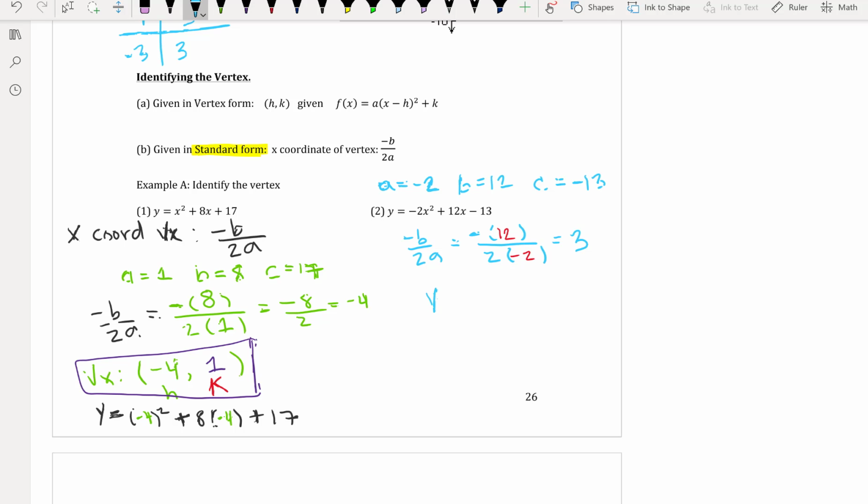So my vertex, I do apologize, my pen is running out. I have 3 so far. That's the only thing I have figured out, is what that h value is going to be. So I'm going to plug that into my equation. So y is equal to -2 parentheses squared plus 12 parentheses minus 13.